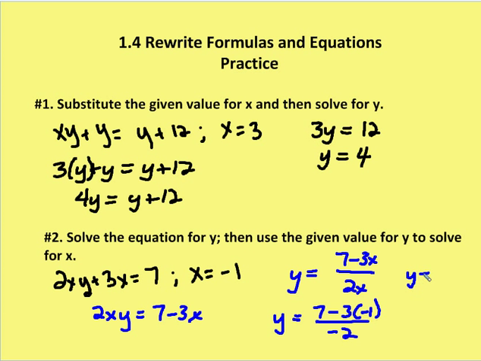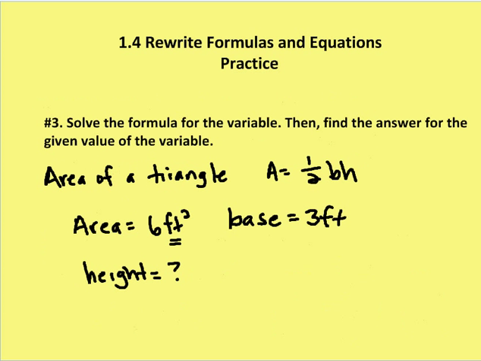So y is equal to 10 over negative 2, or y is equal to negative 5. So again, it would be easier, at least in this case, just to go ahead and plug in the values for x and solve. But what we want to do is learn how to rewrite equations with more than one variable in terms of just one variable and then solve.